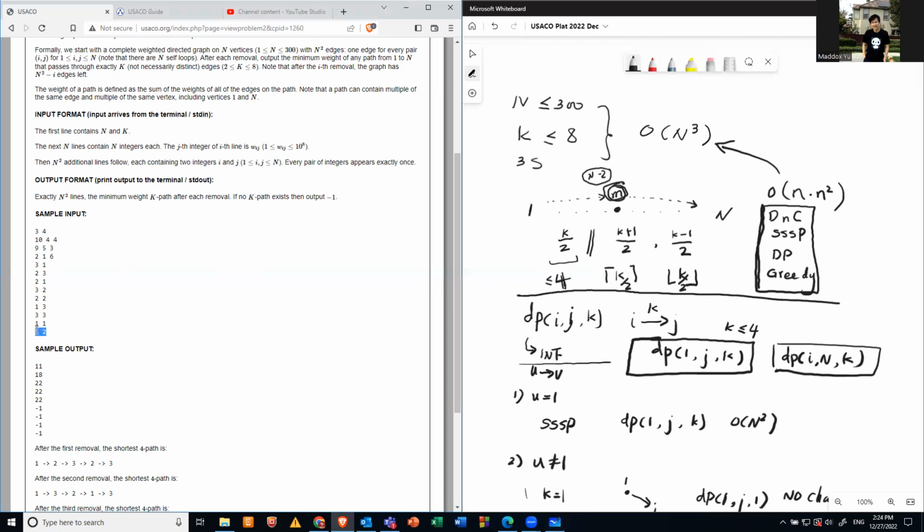Start from where you have no edges, and every time add 1, so you can DP it. That's a pretty standard trick to calculate and update the edges. So that's the solution for today.